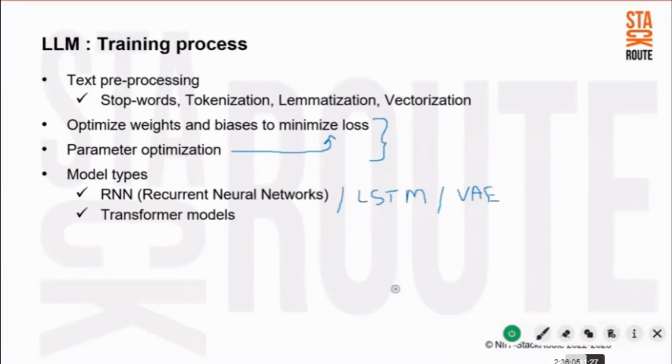Now the ChatGPT that we saw some time back for prompting uses something called a transformer model, which is this one. Transformer models are very sophisticated, very complex models, which use a two-tier technique.